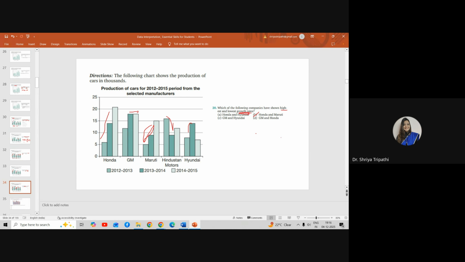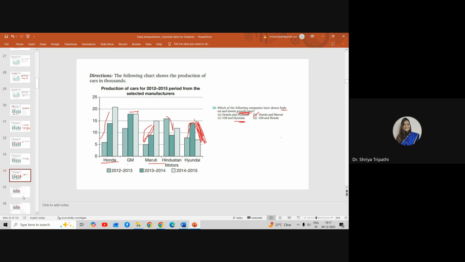Are we getting the point, everyone? Yes, ma'am. Here the growth was there, but again there was a decline. We are not categorizing Hyundai into it because we are talking about growth rate. Here there was growth, but again a dip. Here also it was growth, then dip, and again growth. So the correct combination would be Honda and Maruti. Okay.